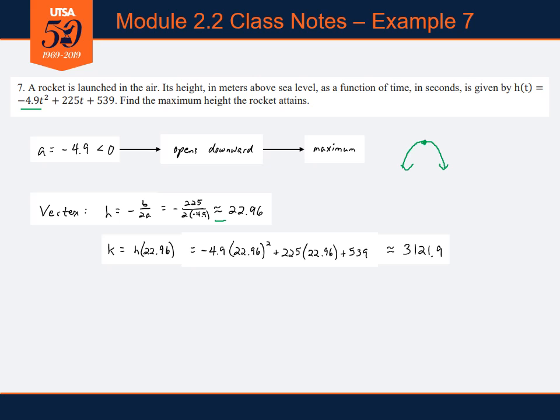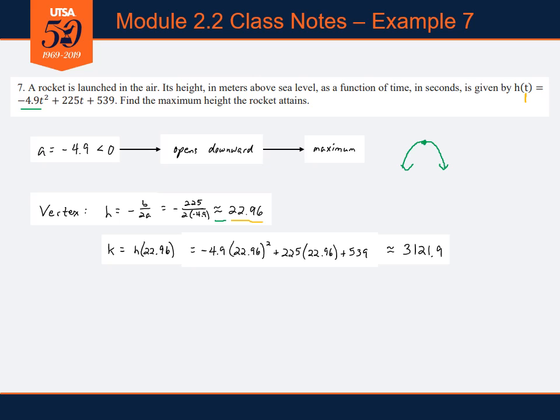Now the input, let me use a different color here. The input value of 22.96, that is my value of t. t represents time in seconds. That means that the vertex occurs 22.96 seconds into the flight.